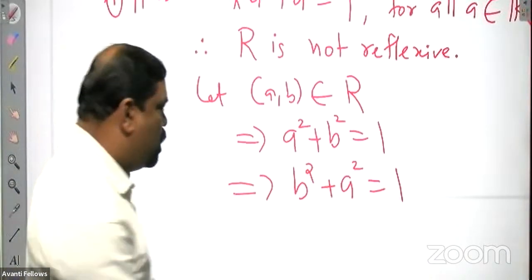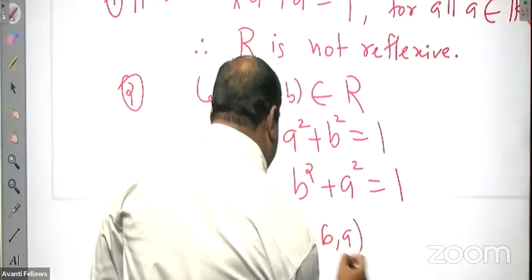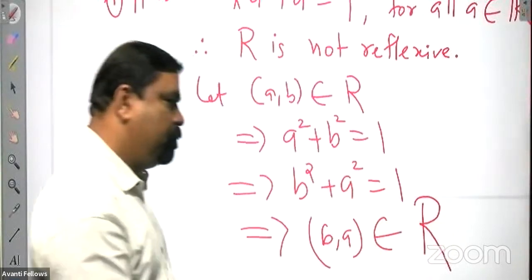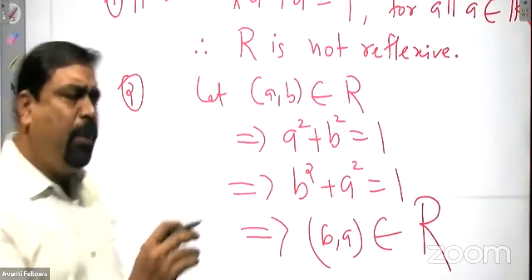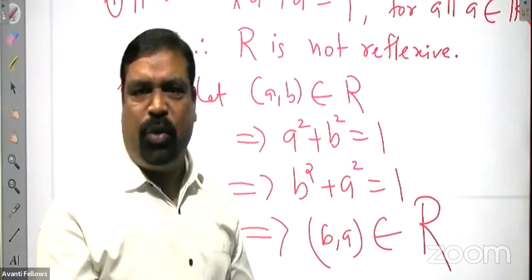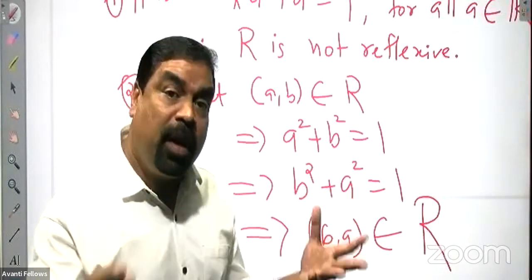So that means (B, A) is also in the relation. No change, no? That means the relation is symmetric.